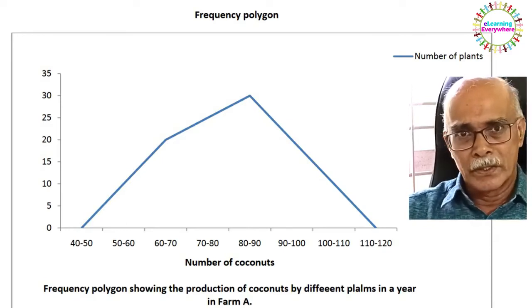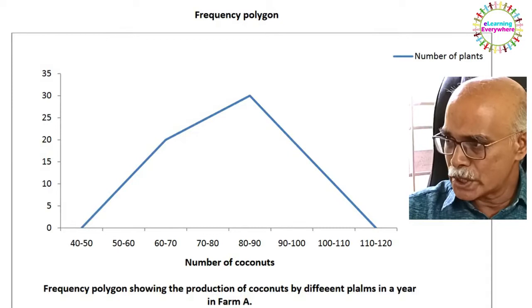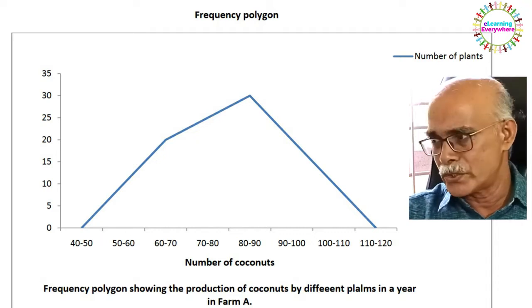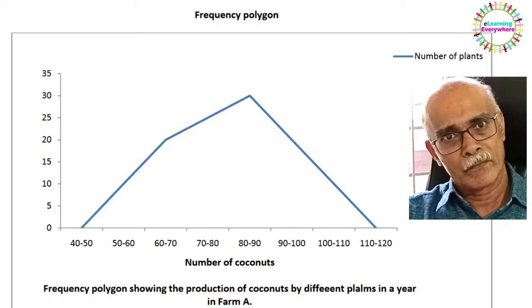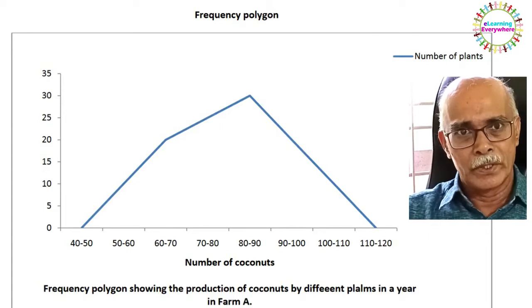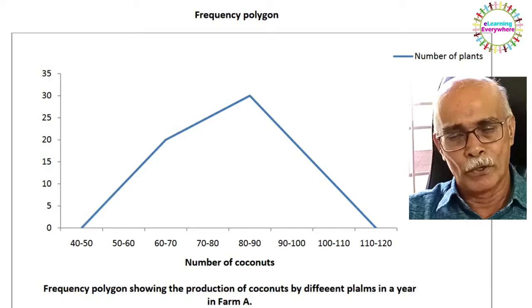You are plotting the variable on the x-axis and the frequencies on the y-axis, and you are marking the frequencies in the body of the graph appropriately, and joining them using a drawing scale, and when it is extended to the bottom of the x-axis on both sides, you get a frequency polygon. Here in the slide you can see an example of a frequency polygon.